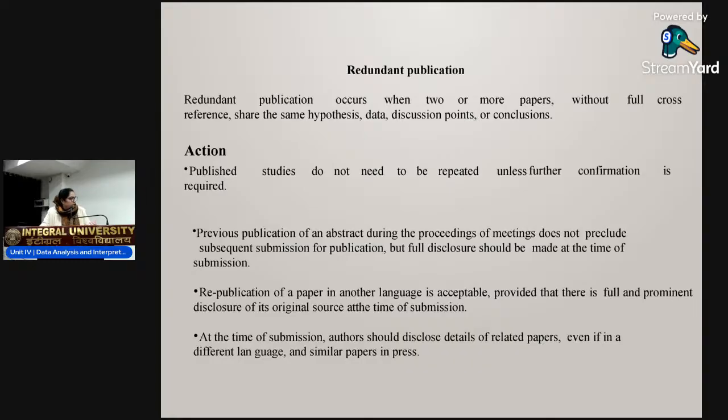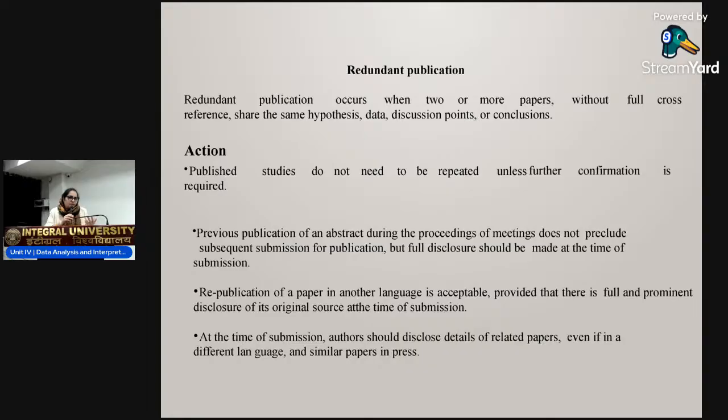Republication of a paper in another language is acceptable provided there is full and prominent disclosure of its original source. Okay, and at the time of submission. Like we can convert our papers into another language because probably we want the paper to be accessible to the masses.